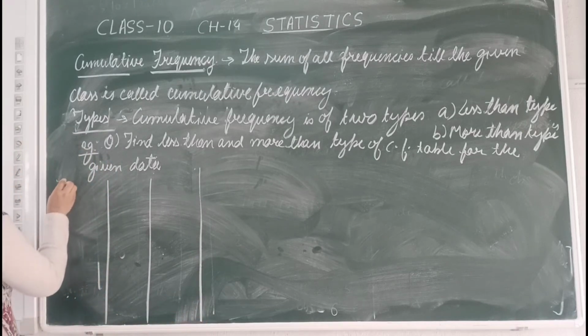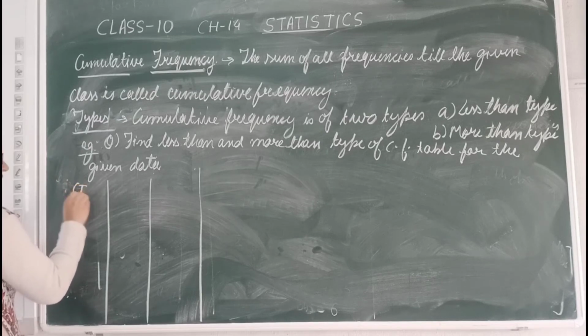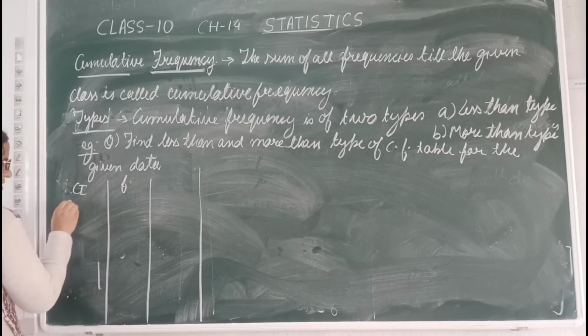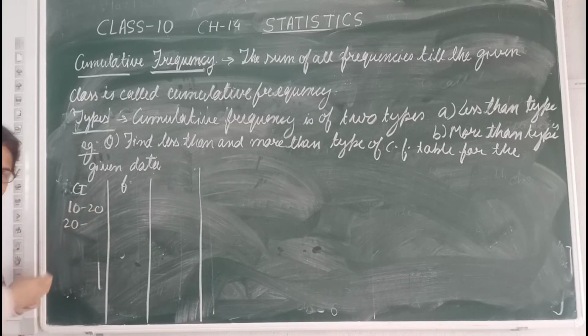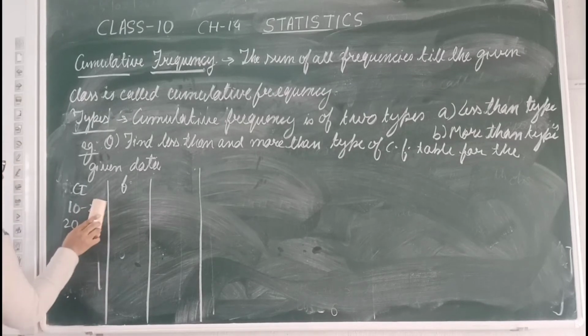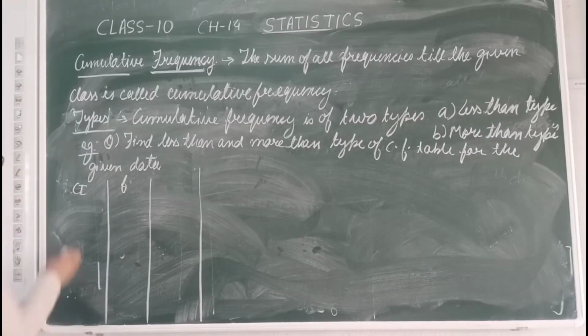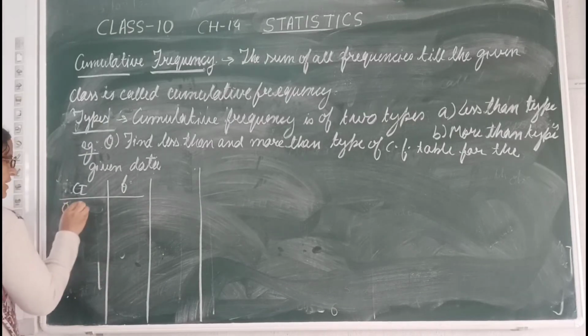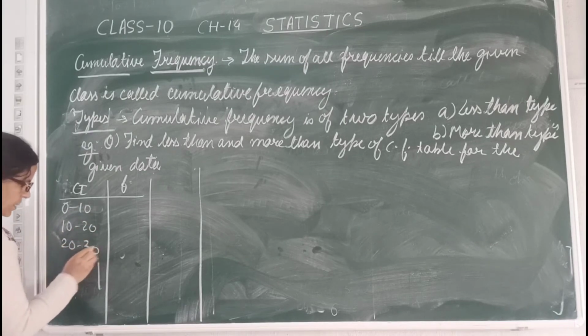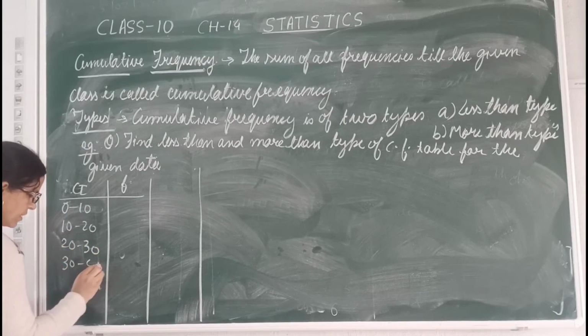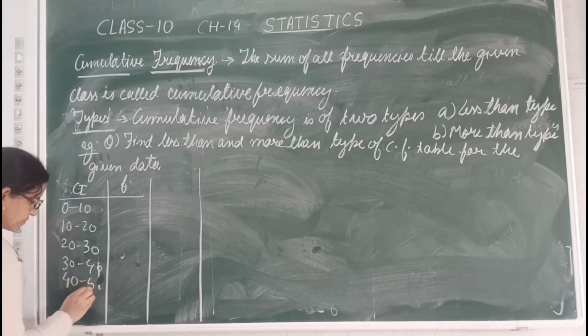Suppose the given data has class interval as the first column and frequency as the second. Class interval, suppose 0 to 10, 10 to 20, 20 to 30, 30 to 40 and 40 to 50.